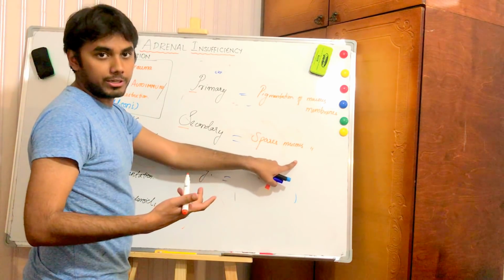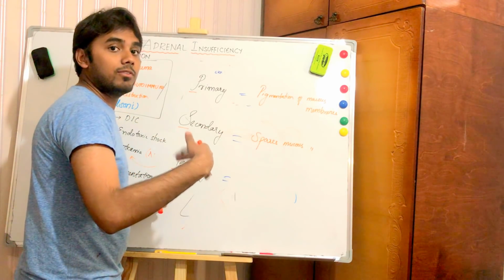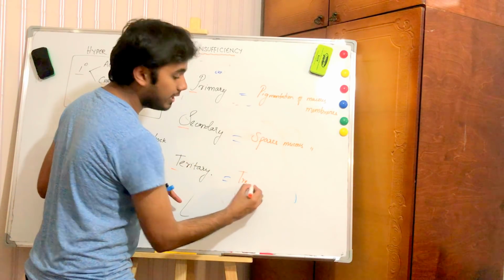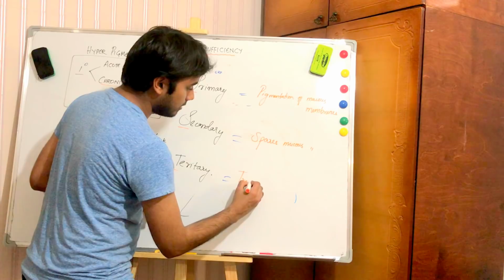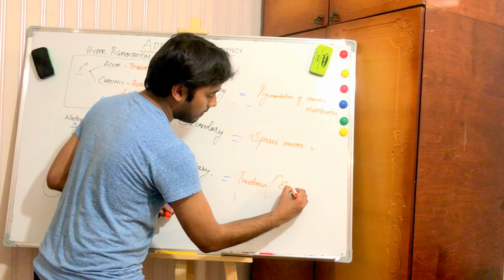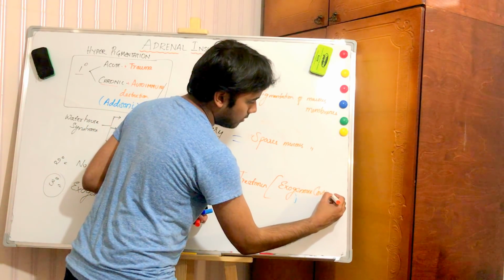As a result, there will be no pigmentation, right? Tertiary, T for treatment. If a person is treated with exogenous corticosteroids from a long time, T for treatment. What treatment? Exogenous corticosteroids.